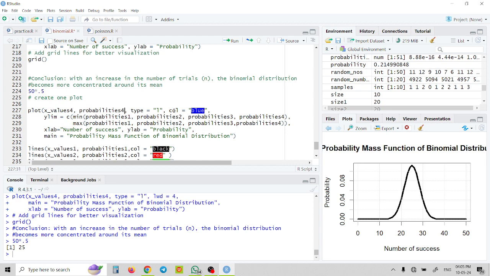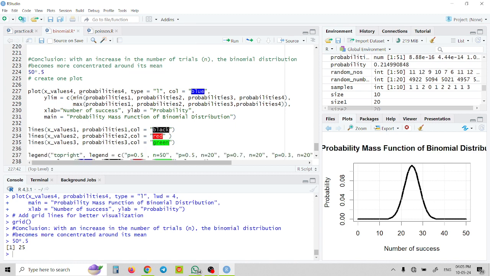The color we will give is blue. The range of y values will be from the minimum of all the probabilities from case 1 to case 4 to the maximum of all the probabilities. This is how we will give the range of y.